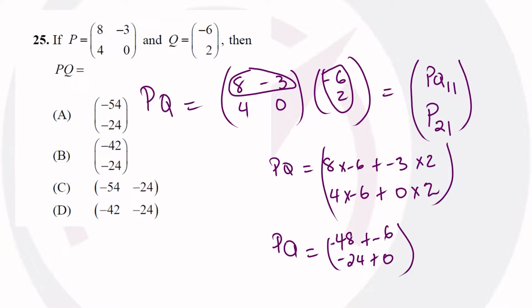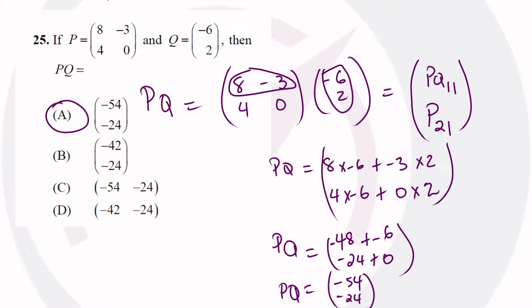So we can add them now: -48 plus -6 gives us -54, and -24 plus 0 gives us -24. Alright, so our answer is going to be -54, -24. So the answer that matches is going to be A.